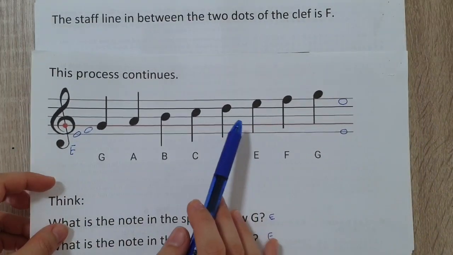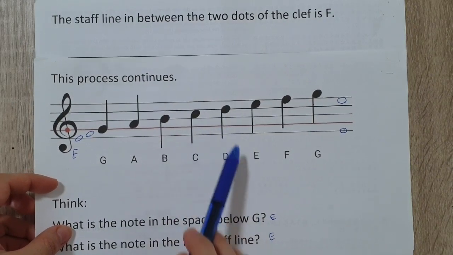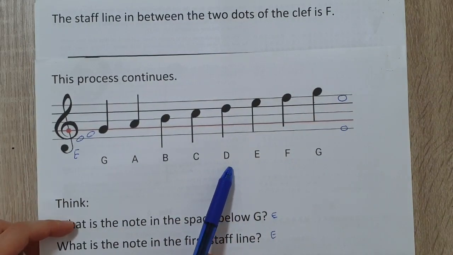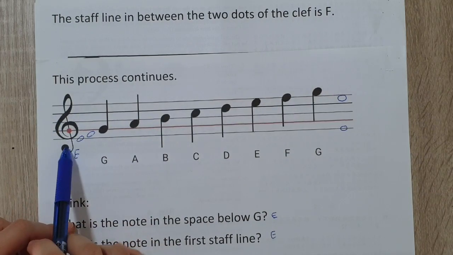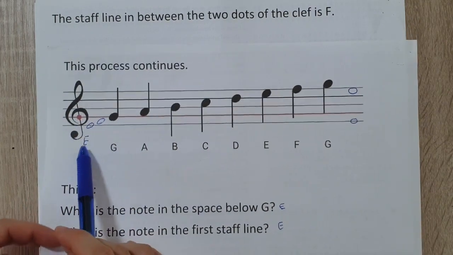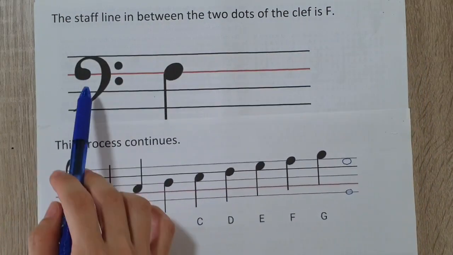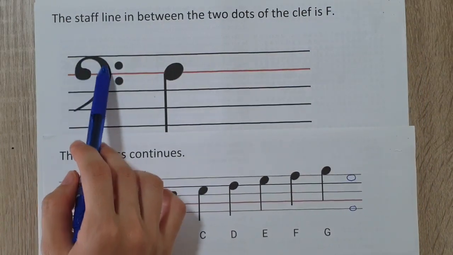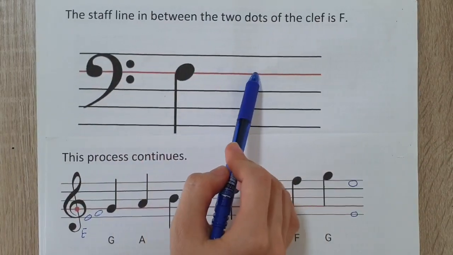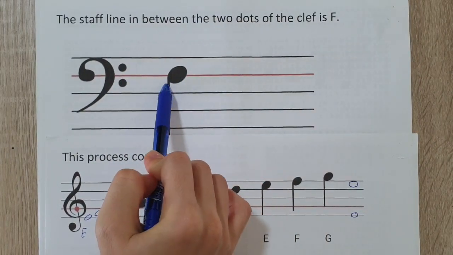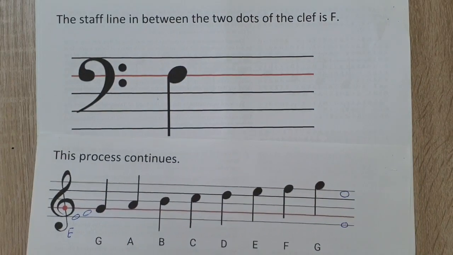Yes, it is true that this represents a D, but that is when the staff is denoted by the treble clef. Now you see, when the clef changes, when it becomes the bass clef, this line is now F. Okay? Don't be confused.